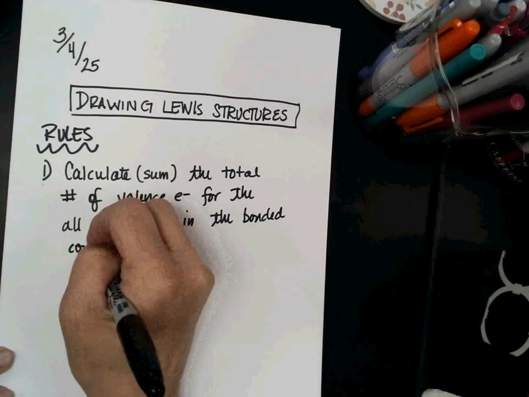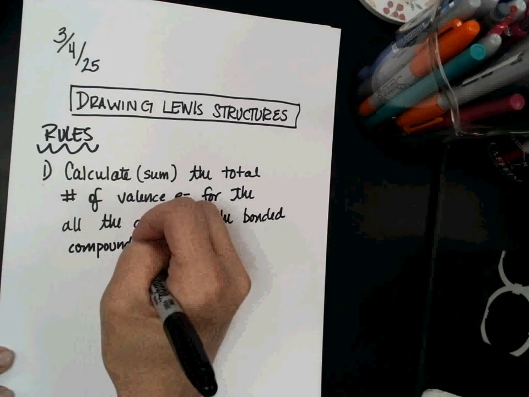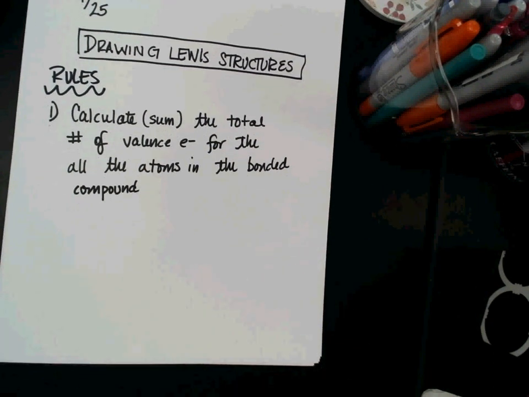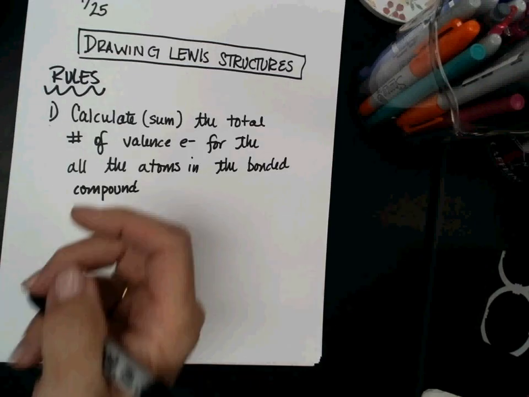So you're going to take each piece, figure out how many valence electrons each piece has, and then you're going to add all those together, and that tells you how many you have to work with.